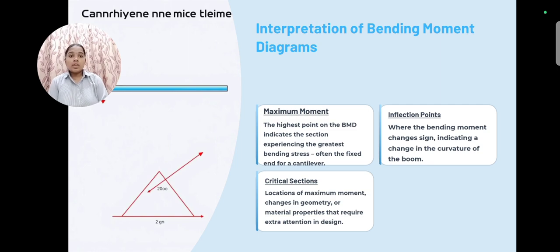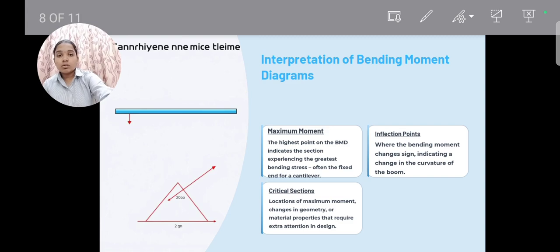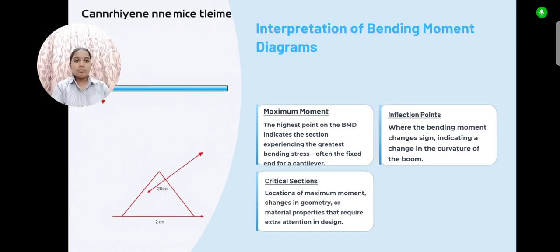So let's talk about interpretation of bending moment diagrams. First, maximum moment: the highest point on the BMD indicates the section experiencing the greatest bending stress.